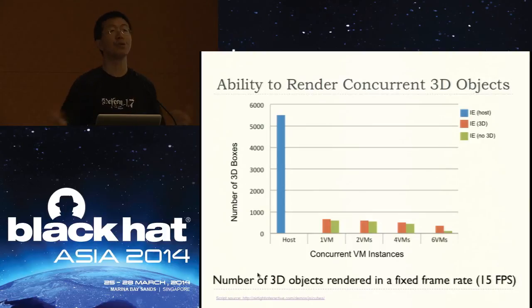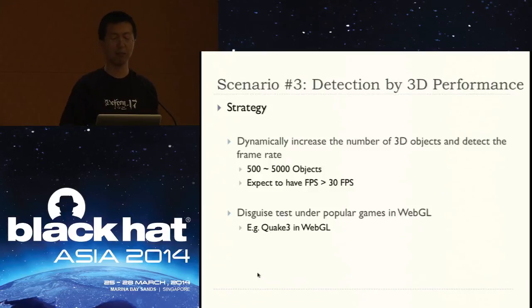Now, how to use this information? We have all these numbers, but how to use them? So we came up with this strategy. We're going to write a script that dynamically, probably exponentially, increases the number of 3D objects we want to render, and we check how the other side responds in terms of frame rate.